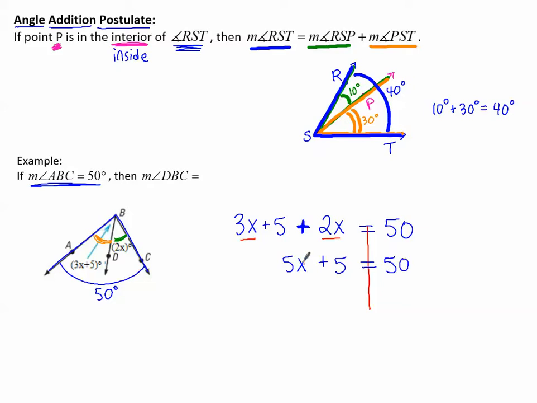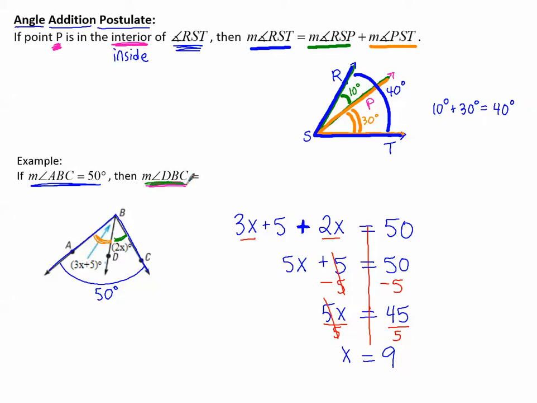Now we'll try to get x by itself. Subtract 5. 5x equals 45. And finally, divide both sides by 5. So x equals 9. Now, they did not say to find the value of x, but we need to find the value of x to find the measure of angle DBC.